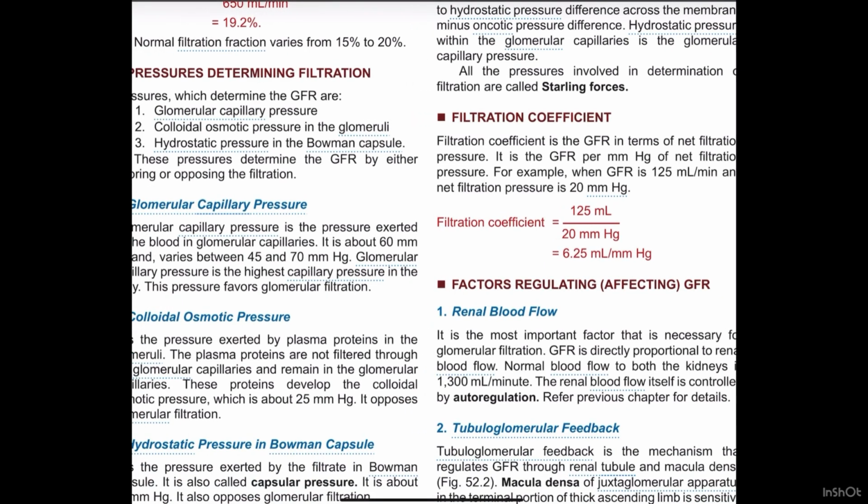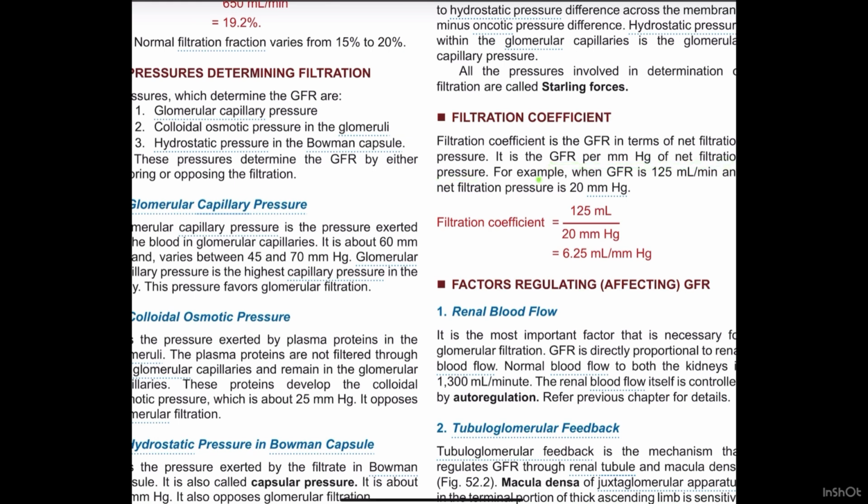Filtration fraction or filtration coefficient we have to see now. Filtration coefficient is equal to the GFR in terms of the net filtration pressure. It is the GFR per mm of Hg of net filtration pressure.